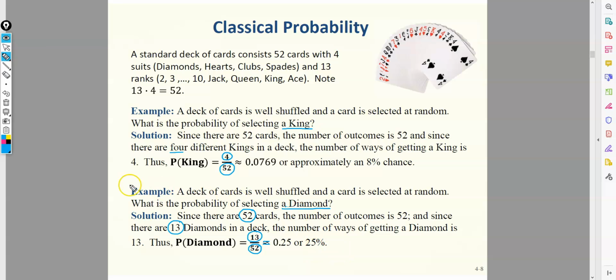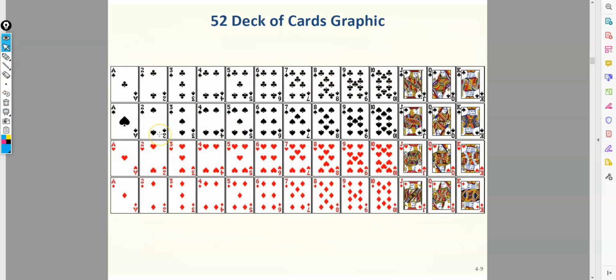Notice once again in the graphic here, for the first example, we have 4 kings in a deck of cards. Every card has an equal likelihood of being drawn, and so our probability for the first example was 4 out of 52.